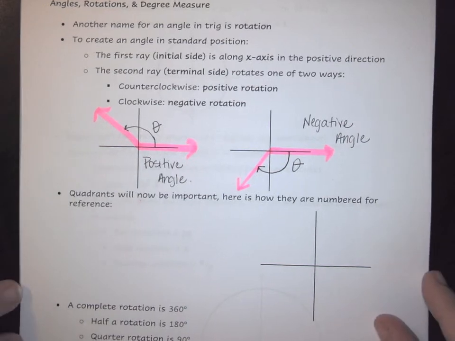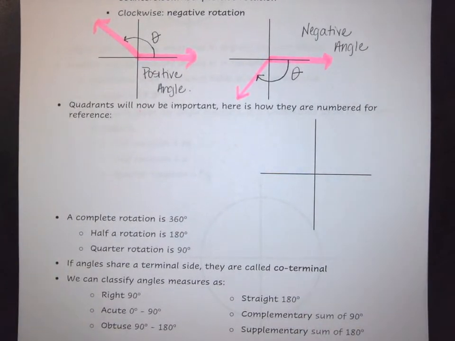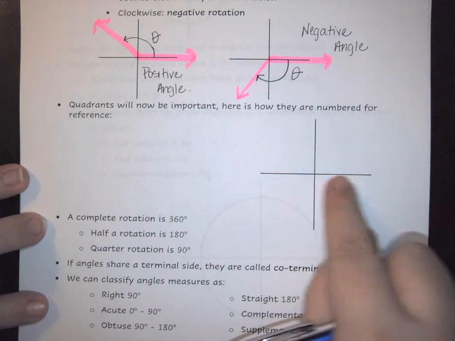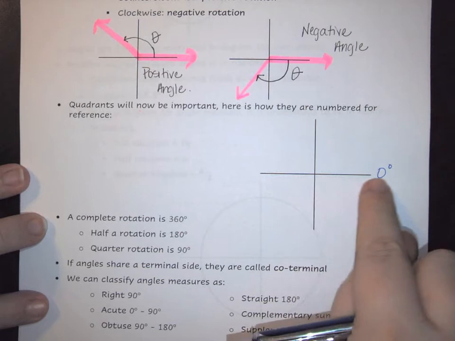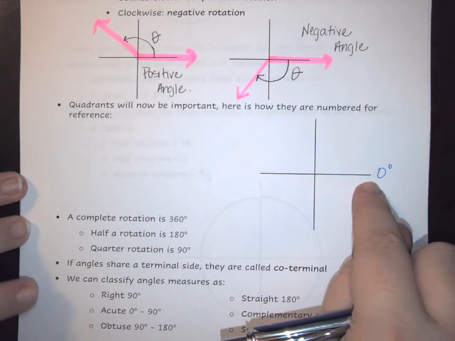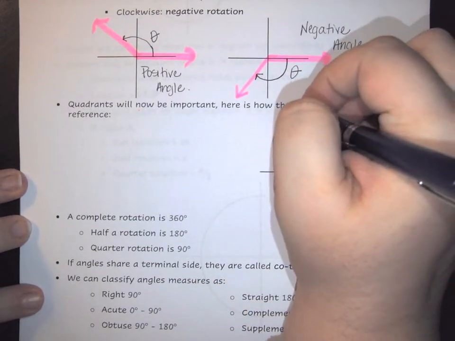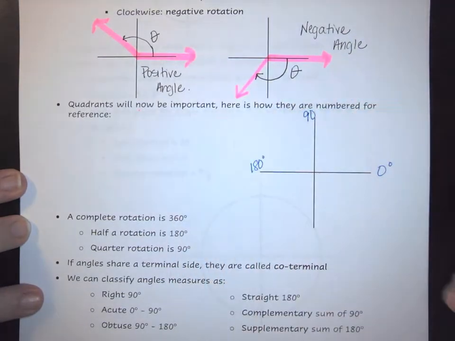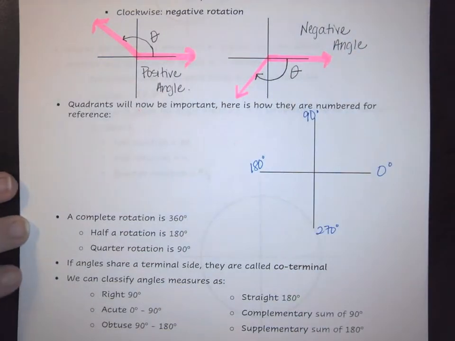Okay? Now with that, we have our quadrants, and our quadrants are going to be labeled in very specific ways. So we're going to start here when our degree is 0. Okay, so when we're talking about just this initial starting line, or the x-axis, your degree is 0. Going in the counterclockwise direction, we go from 0 up to 90, from 90 to 180, 180 to 270. Now these are degrees.